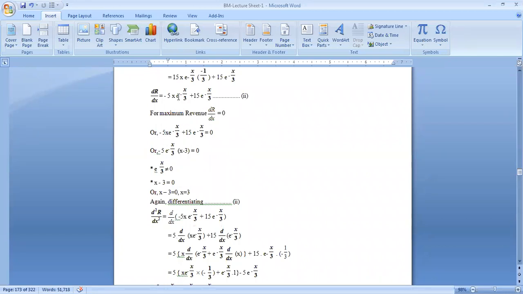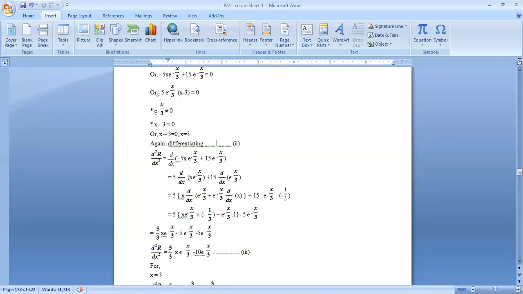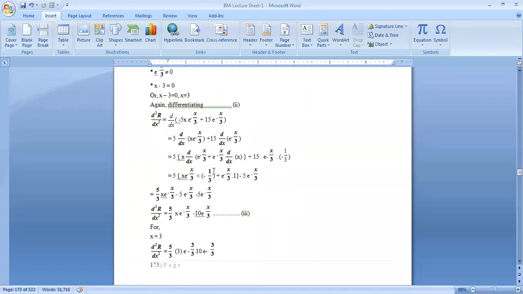Now this equals 0, then we get x equals 3. Again differentiating equation 2, taking d/dx on both sides, then UV process: U into differentiation of V plus V into differentiation of U. That means x into e to the power minus x by 3 multiplied with the coefficient of x, minus 1 by 3, plus e to the power minus x by 3, differentiation of x is 1, in equation number 2, formula.